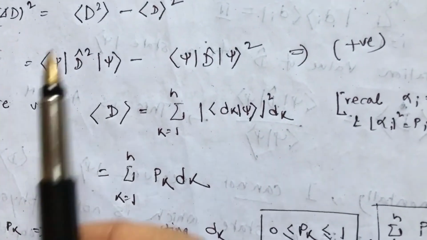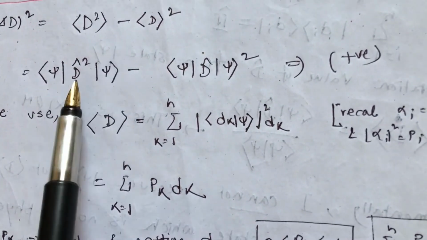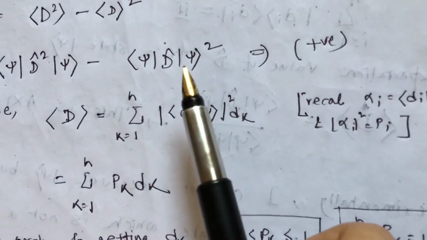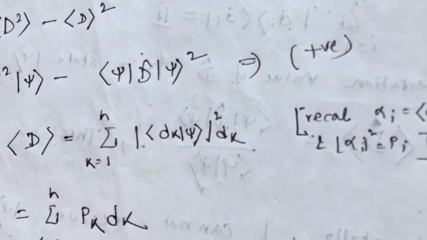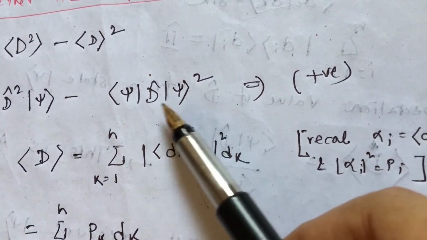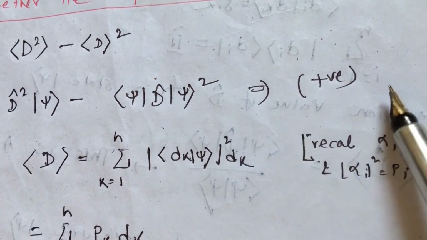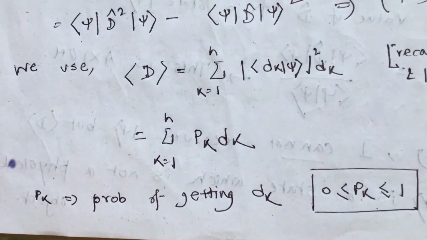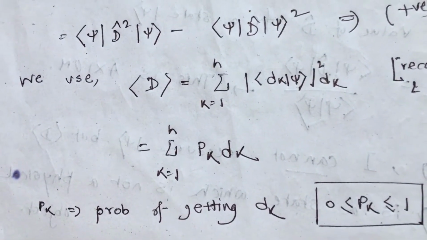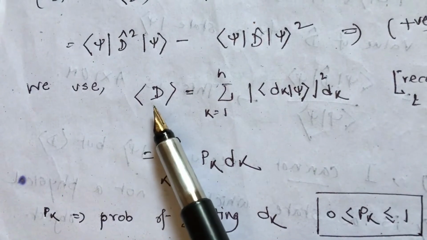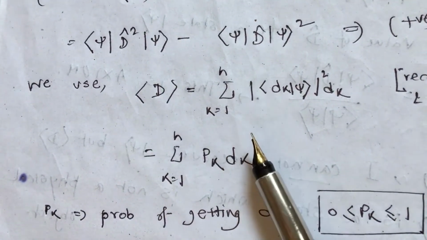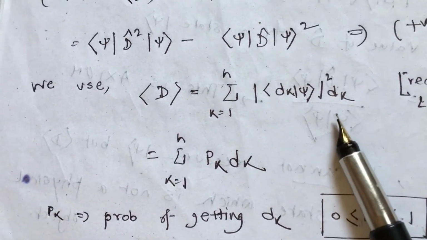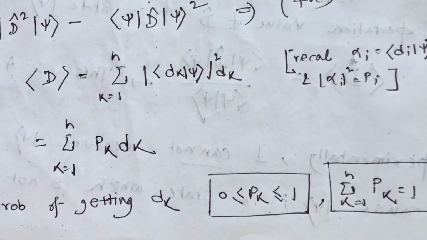And by definition, for the state psi, it is written that D square is sandwiched between psi and psi, and then the D operator itself is sandwiched between psi and psi, and now the square of it, and this is a positive kind of thing. So the expectation value, as we have defined in my earlier videos, is the expectation value of D equal to the sum over k equal to 1 to n of dk |<dk|psi>| squared.